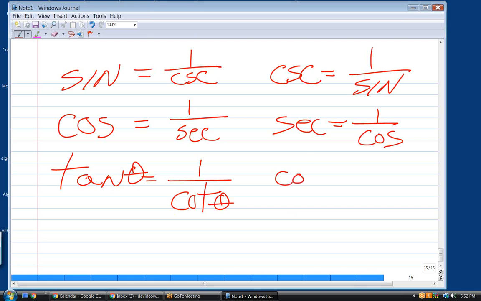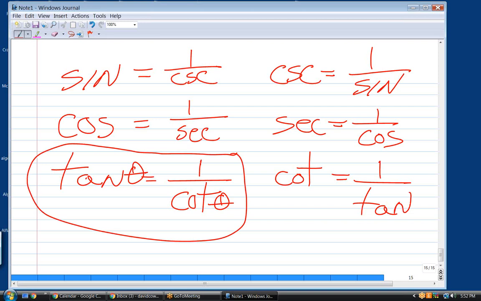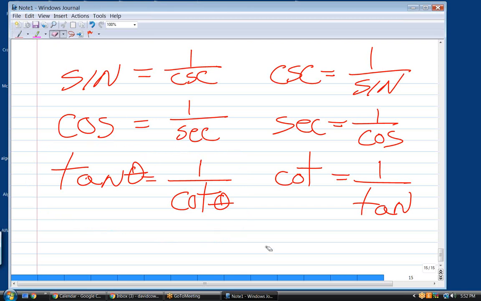You can always figure these out from the first 3. So here are 6 of the most fundamental things that you're going to have to memorize in trig. But the only one you really have to memorize is that one. You can figure out the other 5 based on the little tips that I've given you.